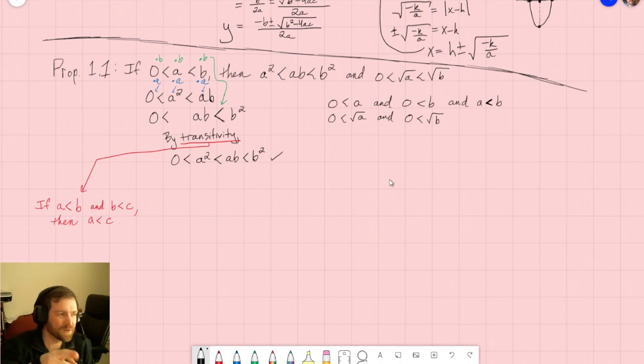All right, so this one is saying if we know for a fact that a and b are both numbers that are positive, so greater than 0, but a is less than b, then we want to prove that a squared is less than ab, a times b, which is also less than b squared.